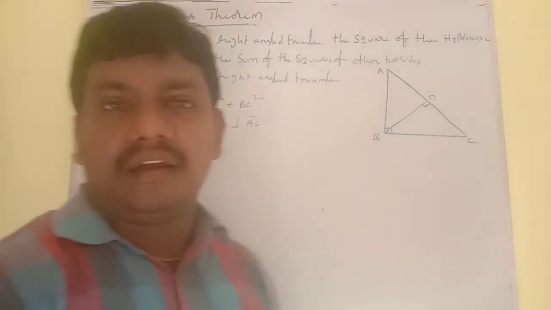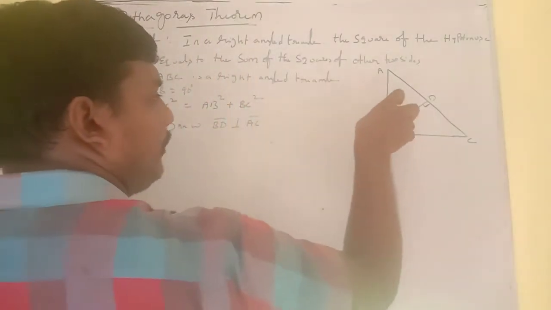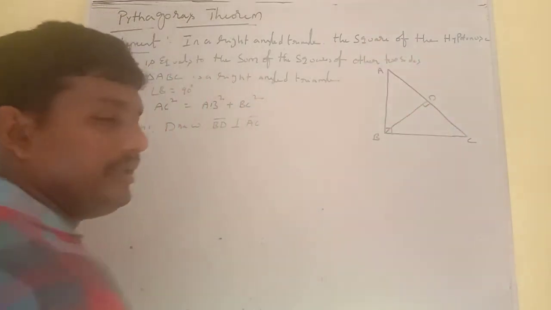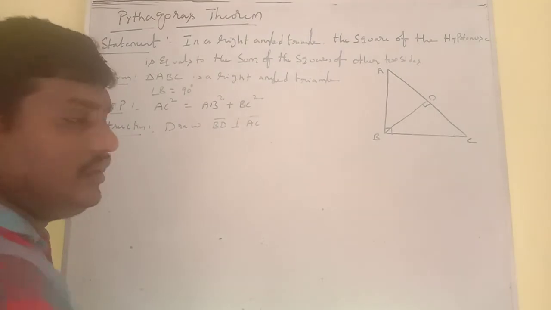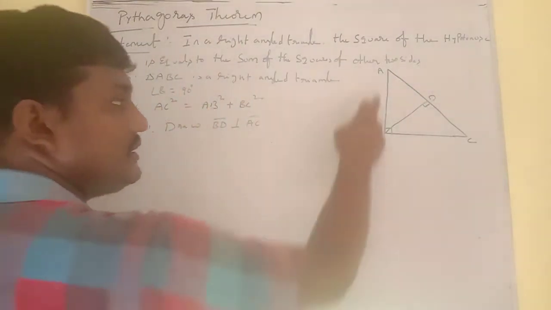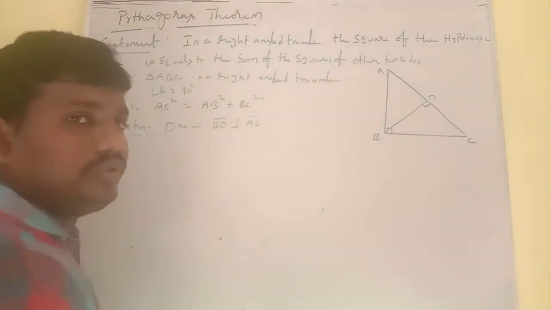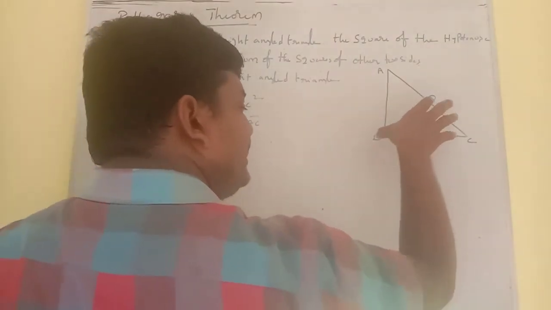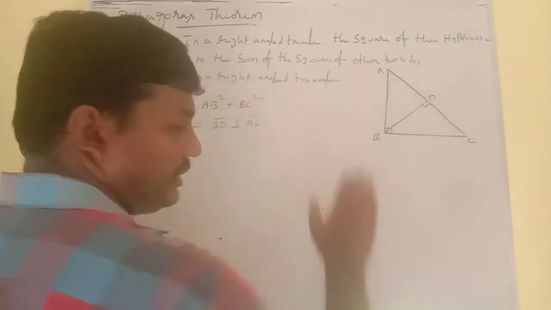This perpendicular line divides the given triangle into two portions. First one is triangle ADB, another one is triangle CDB.